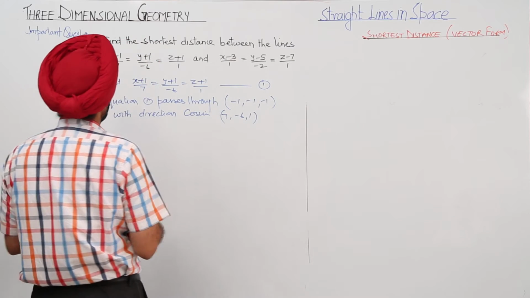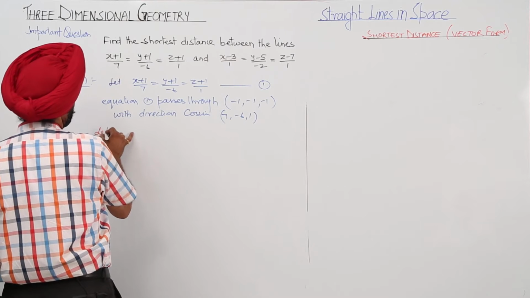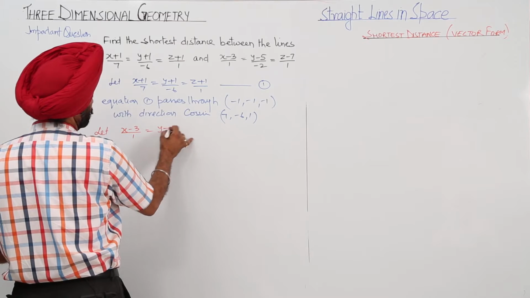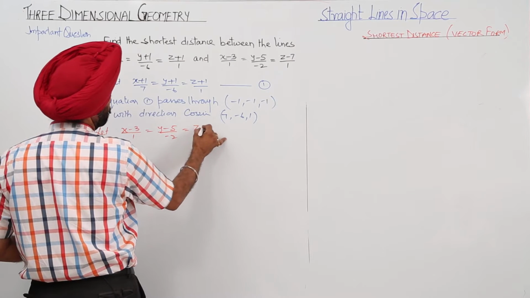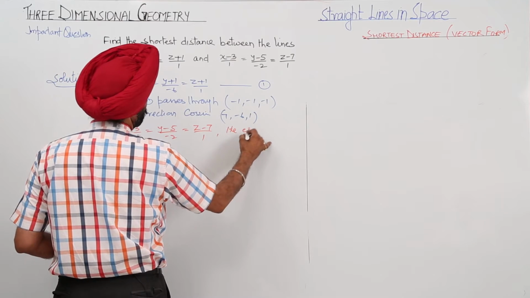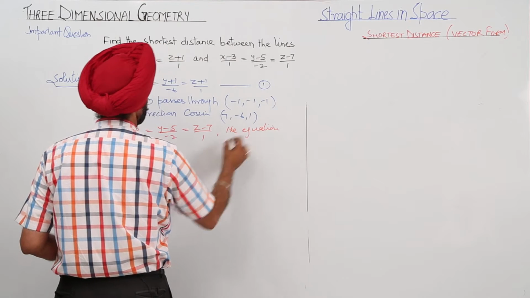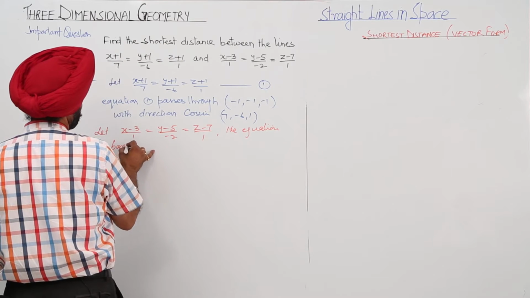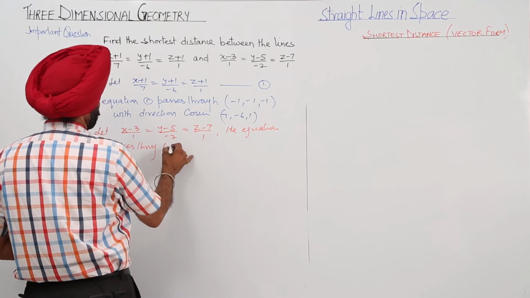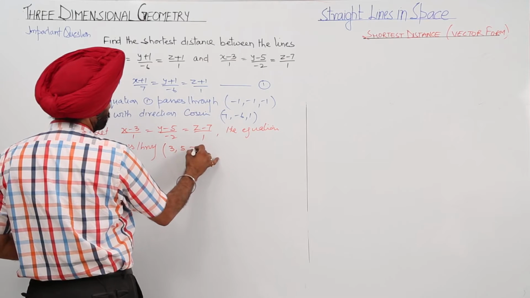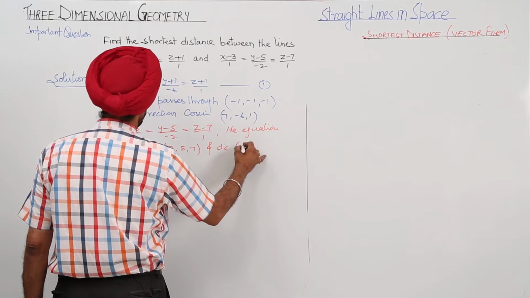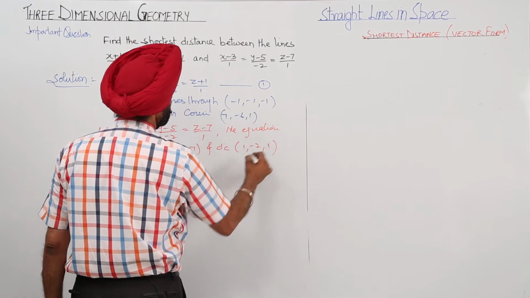Now, let (x-3)/1 = (y-5)/(-2) = (z-7)/1. Now, this equation passes through (3, 5, 7) and direction ratios 1, -2, 1.